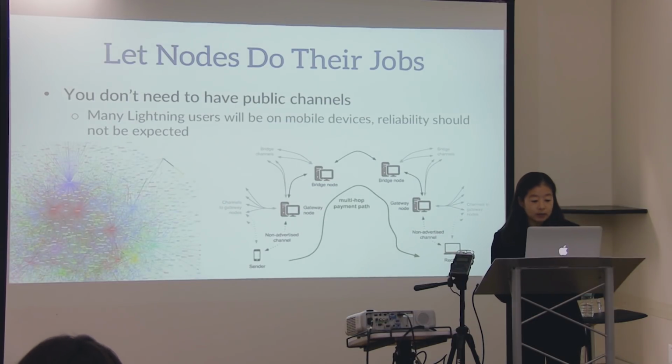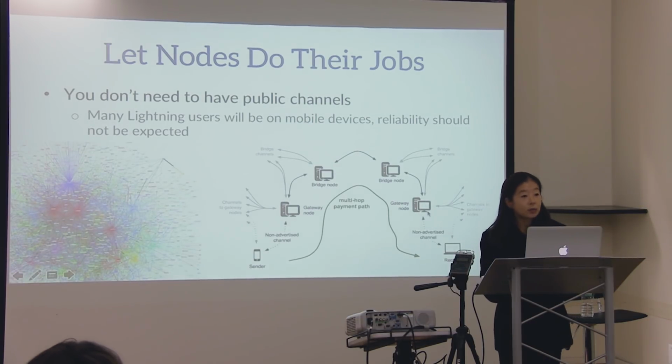Ultimately in the network there will probably be a number of nodes that are there just for routing. They're earning money from fees, so they're incentivized to stay online and maintain balanced channels.